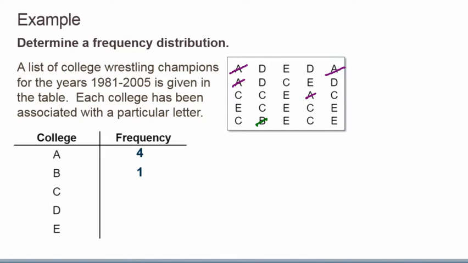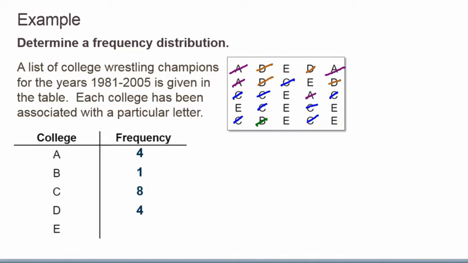For college C, we want to count 1, 2, 3, 4, 5, 6, 7, 8. College C has a frequency of 8. For college D, we have 1, 2, 3, 4. So college D has a frequency of 4.